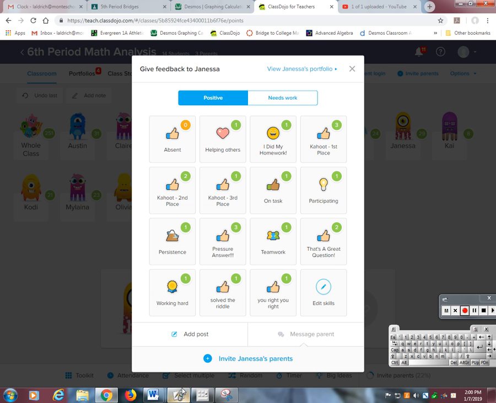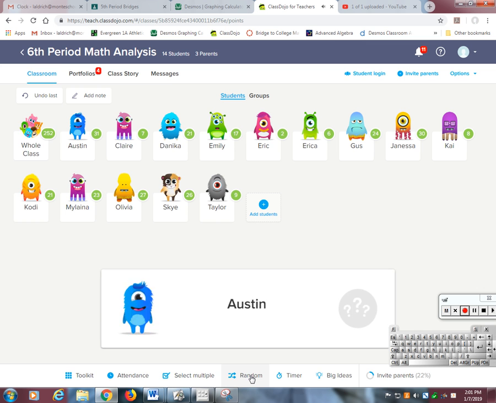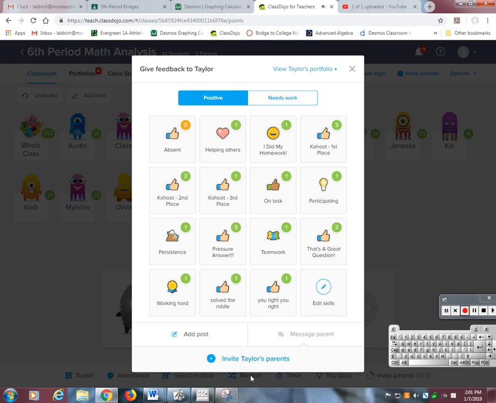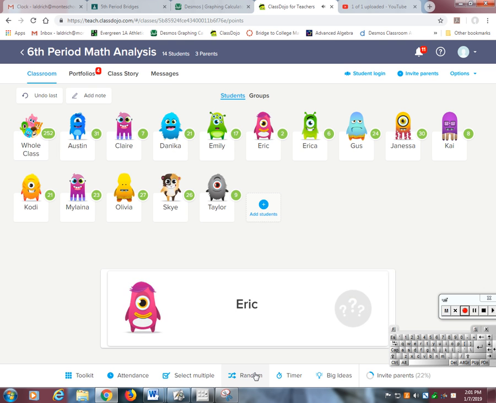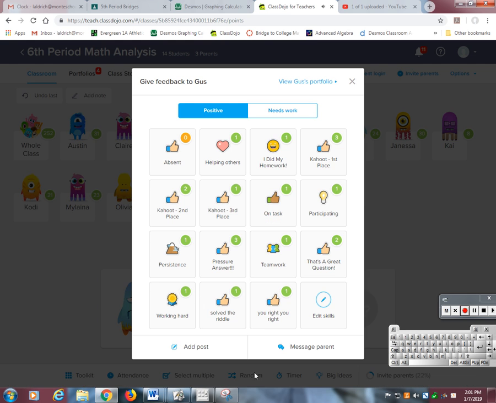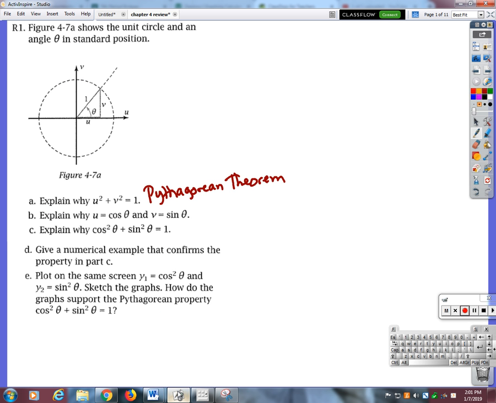Then it says, why does u equal cosine x and v equal sine of x? Gus? Why is u equal to cosine and v equal to sine? Look at the little chart in front of the class there. What is the definition of cosine?